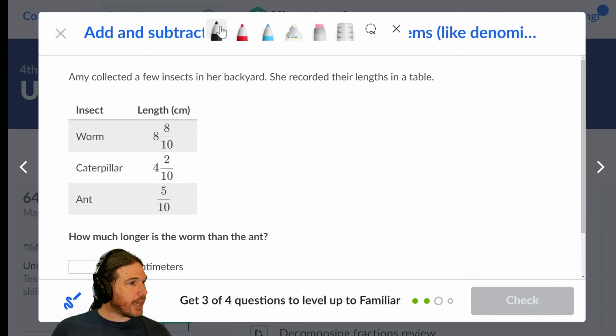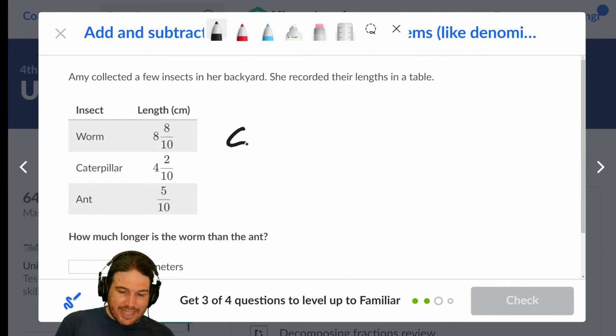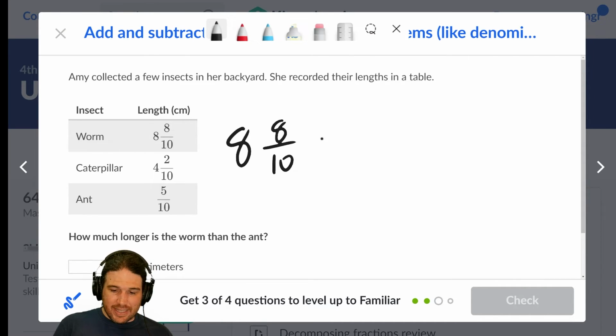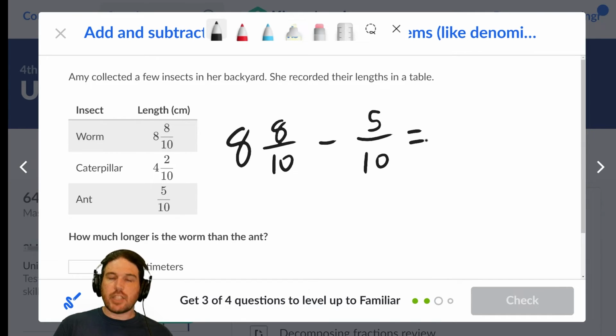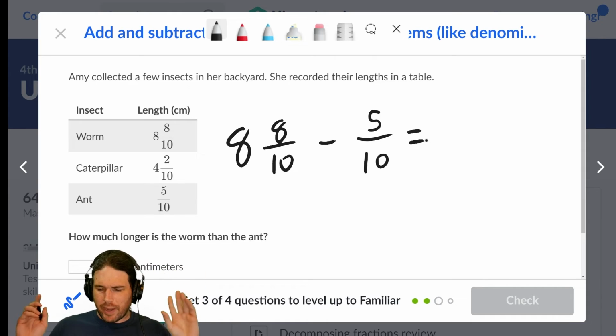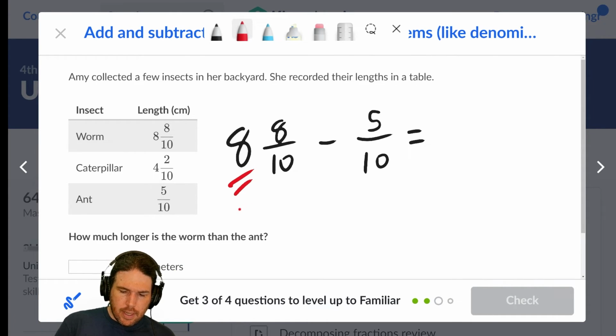So we're going to say that the worm is 8 8/10, and the ant is 5/10. Well, this is nice. We don't even have to regroup. Now, hold on for a second. Wait a second. What do I do with this 8? I'm confused. I don't know what to do.